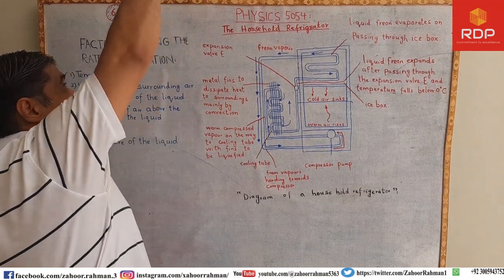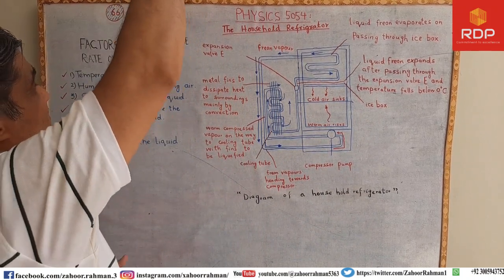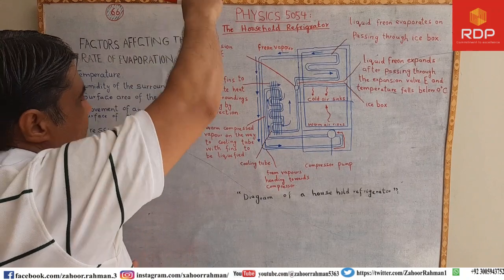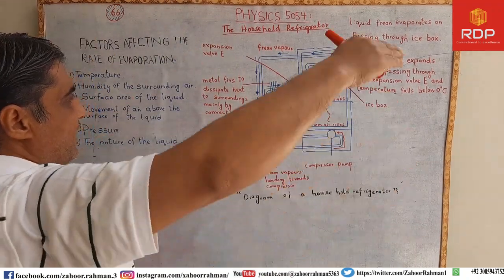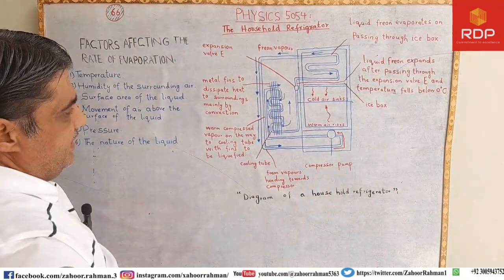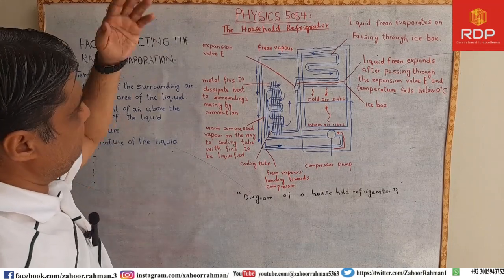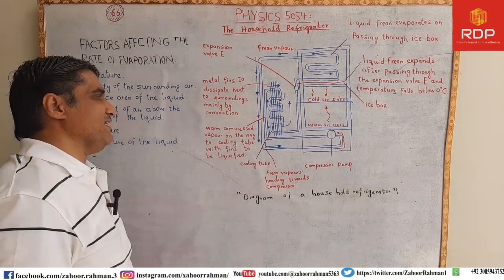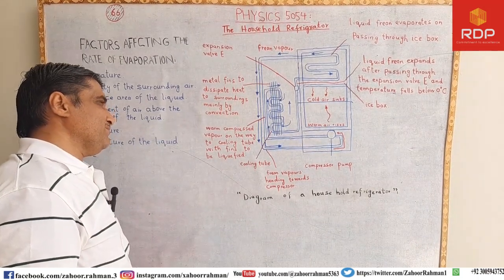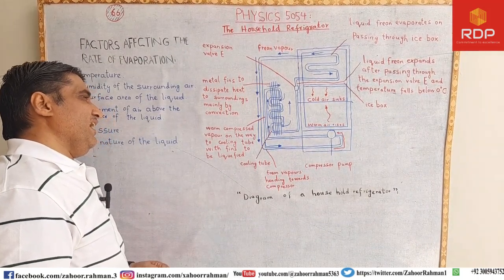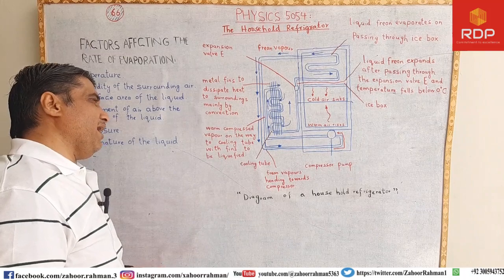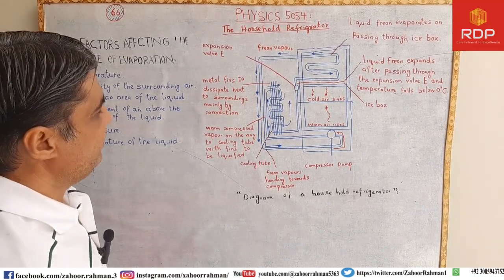And again when those vapors become cool, they are coming down and this process is continuous. So that is why we are fixing the AC at the top of the wall.